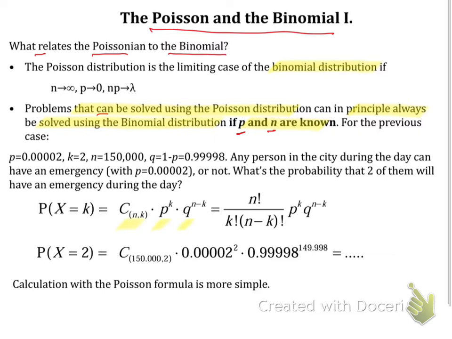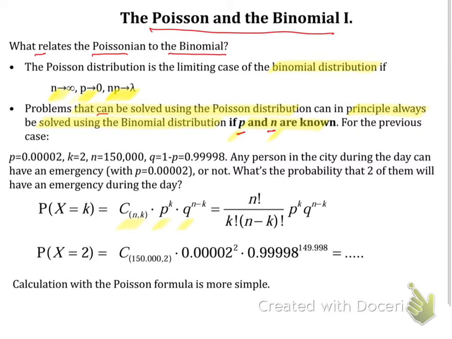But in some cases there are limitations, so we have to use Poisson: if n tends to infinity and p tends to 0, or n times p, which is lambda, tends to lambda, in such cases this will be the limiting case of the binomial distribution.